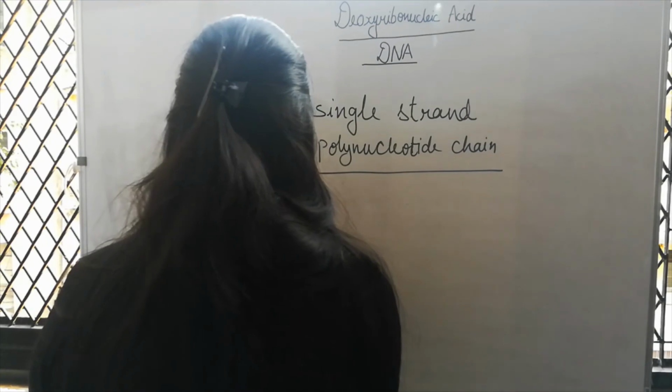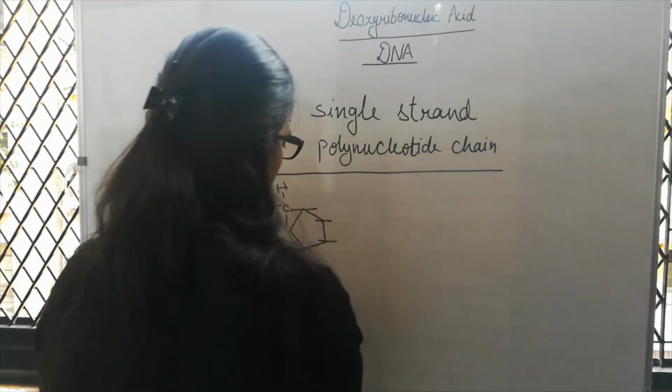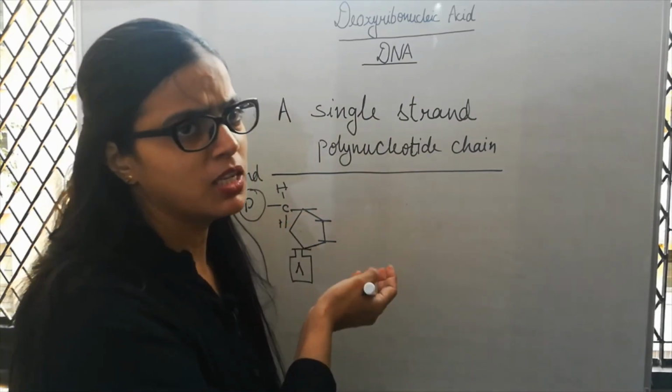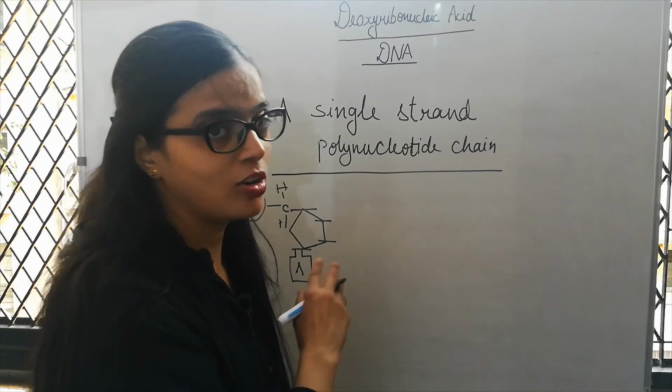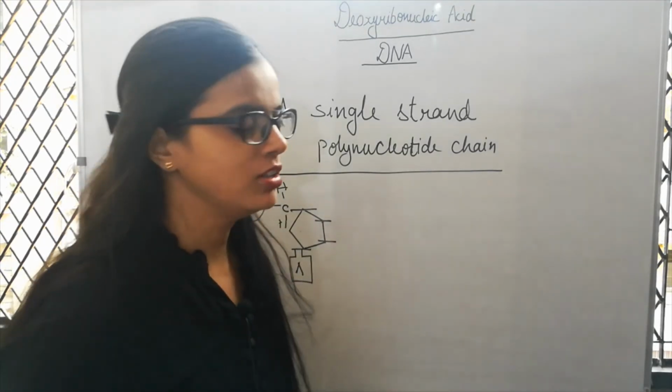The nitrogenous base is attached here. It could be adenine, thymine, guanine, cytosine, but not uracil, because uracil is a component of RNA, not DNA.